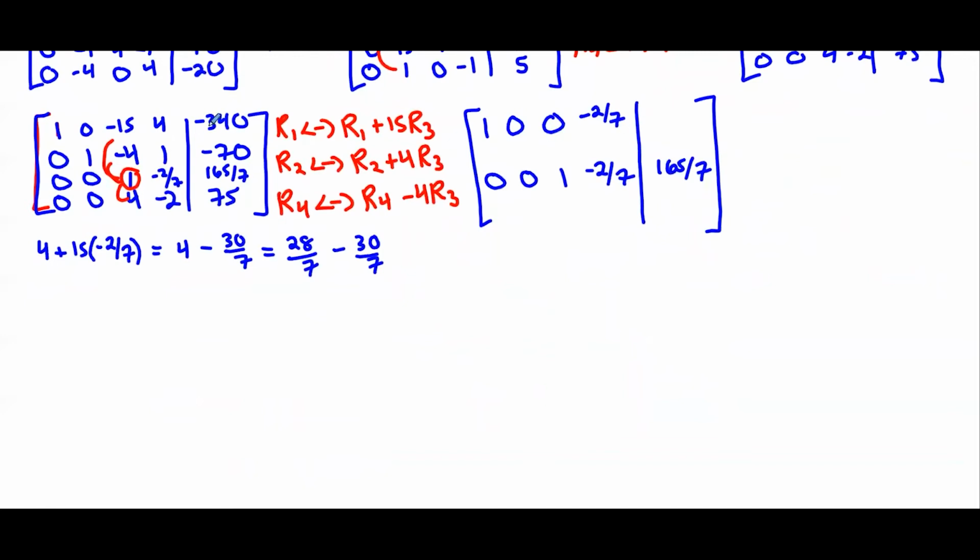Okay, and then I've got negative 340 plus 15 times negative 70. No. Wrong one. 165 over 7.